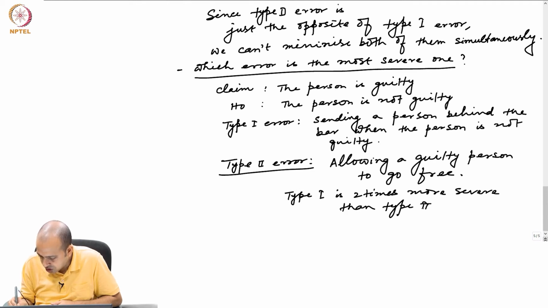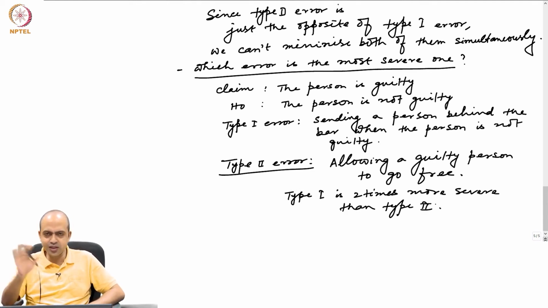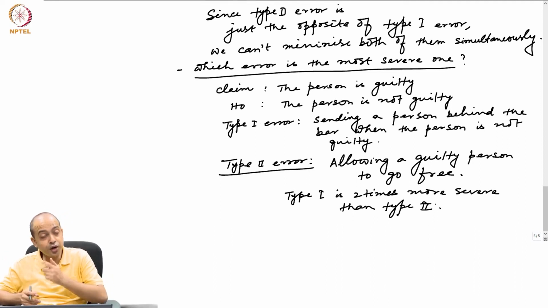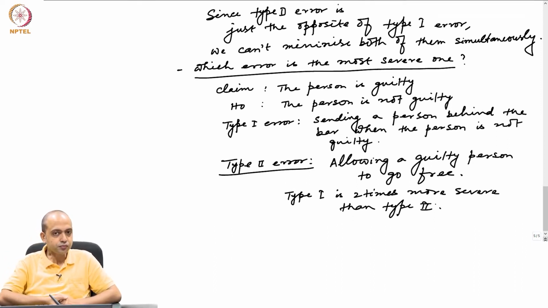So, we can say type 1 is twice, 2 times more severe than type 2, because here the innocent person is going into jail and the guilty person is moving around. That is why we say the type 1 error is most serious.